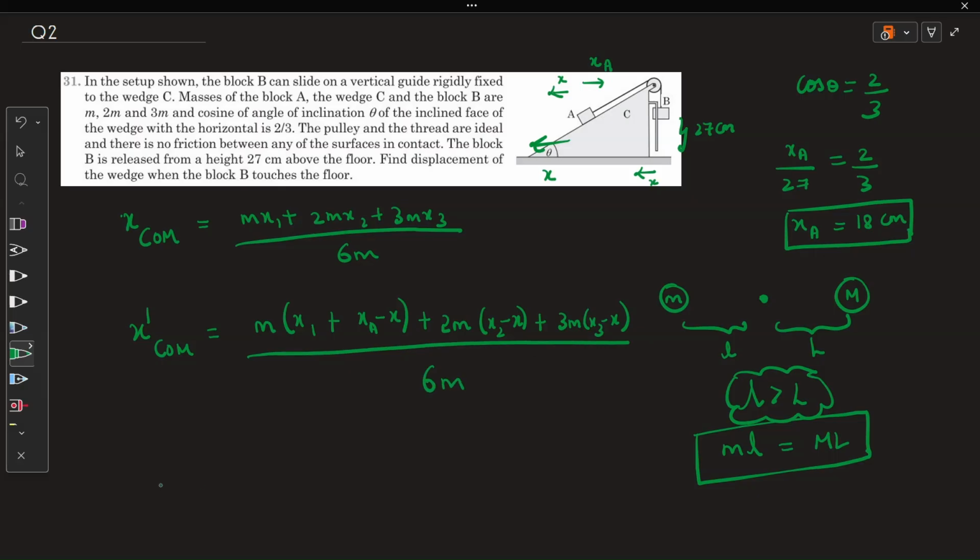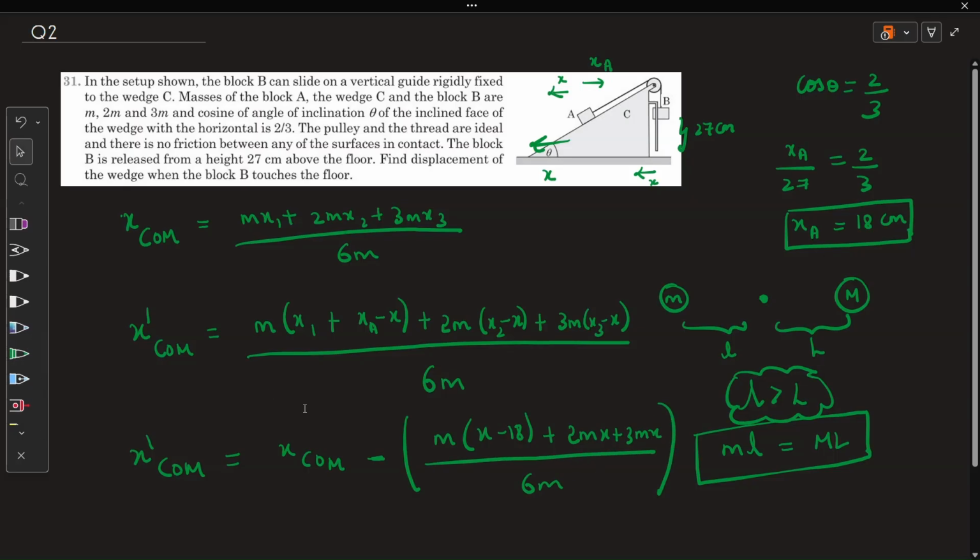whole divided by 6m. So x dash of COM is nothing but x COM plus m times of XA, which is nothing but 18 minus X. So overall over here I'm going to put negative, and in the negative sign I'm going to put X minus 18 plus 2mX plus 3mX whole divided by 6m.